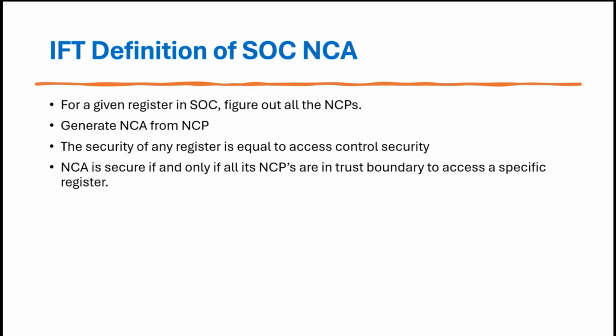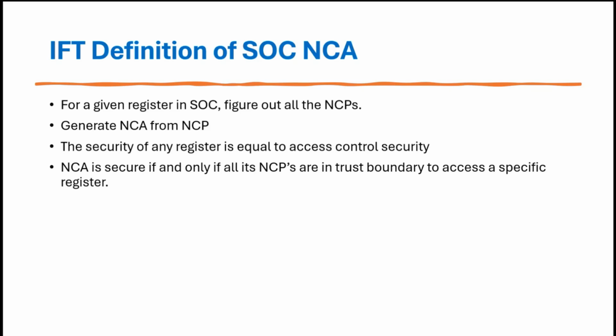So for a given register in SOC, if we figure out all the non-coherent paths, we generate all the non-coherent accesses, like the example I gave, A is equal to B plus C. So we generate all the non-coherent accesses from the NCP. And the security of any register is equal to the access control security of the register.